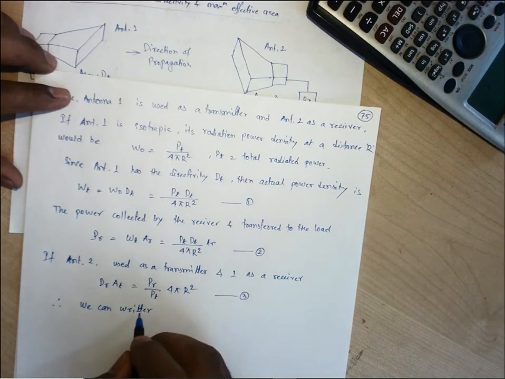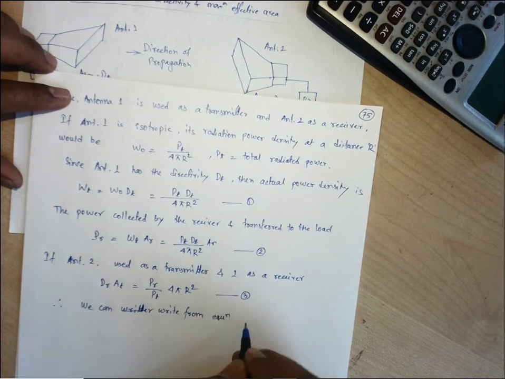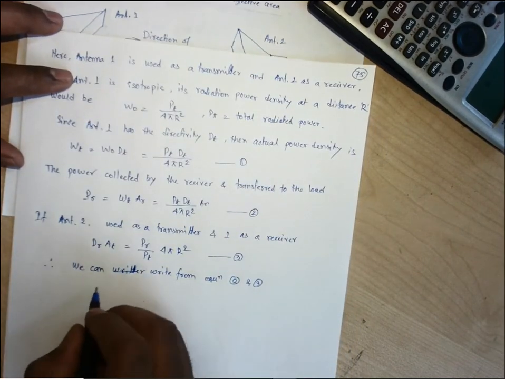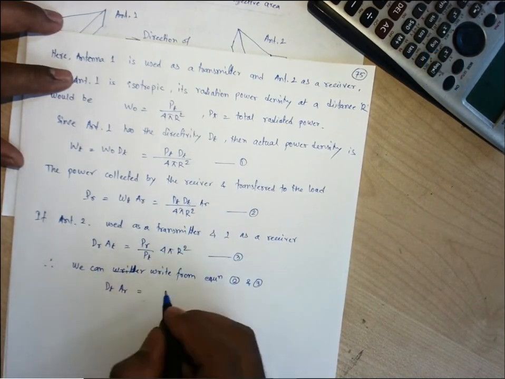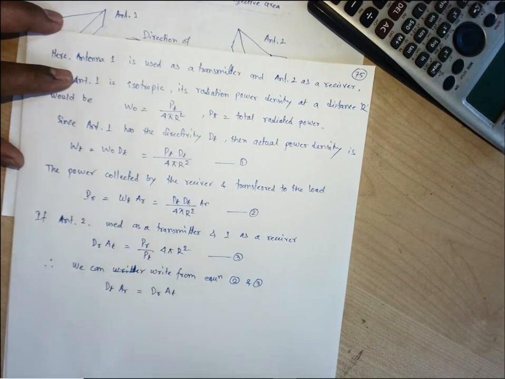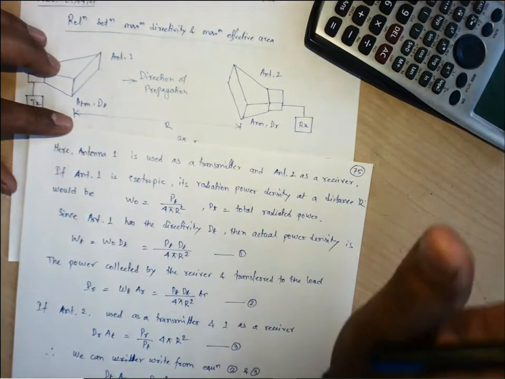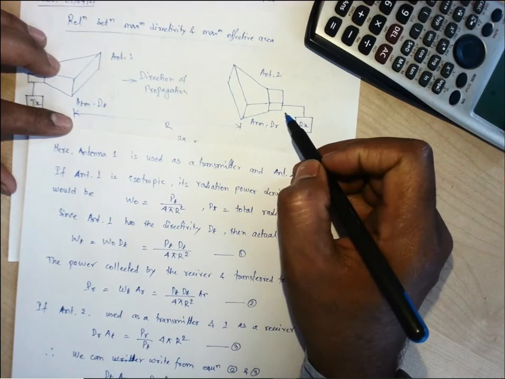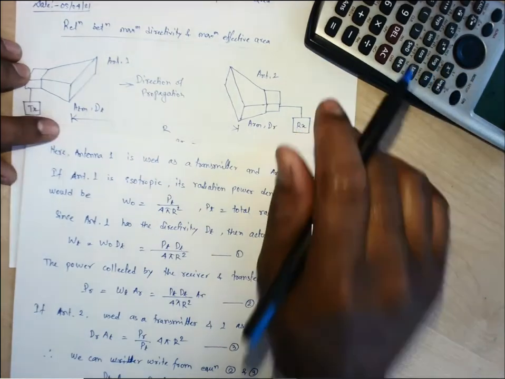We can write from equations 2 and 3 that dt into AR is equal to dr into AT. For this case, the physical parameter remains the same, only the function is changing. This receiver is acting as a transmitter and this transmitter is acting as a receiver, only this is the difference, but the physical parameter will not change.